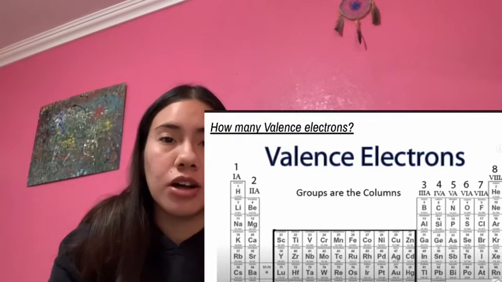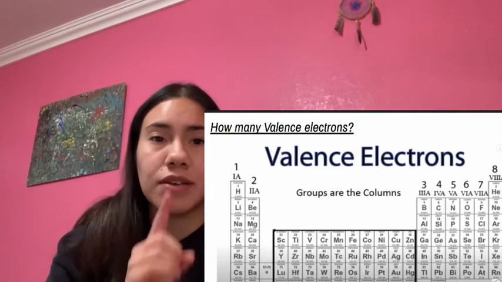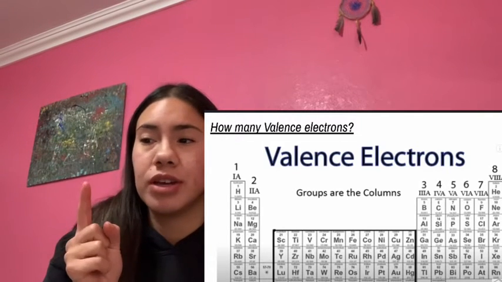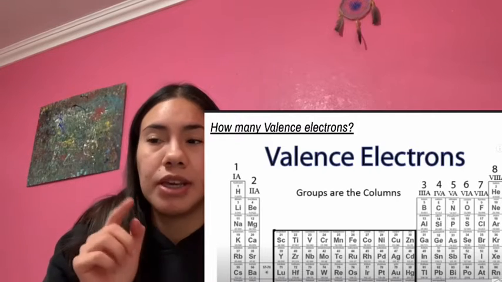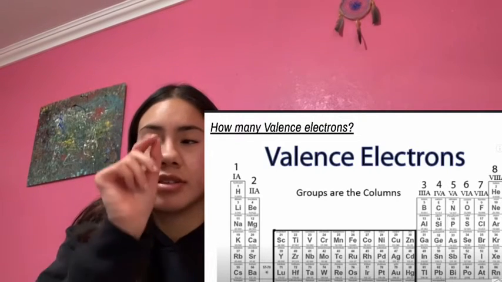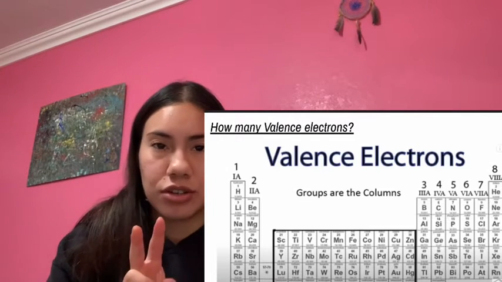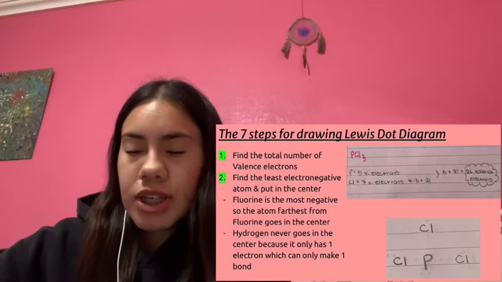All the elements in that first column have 1 valence electron. The column next to it, beryllium, Be, and all the elements below beryllium have 2 valence electrons, and so on.